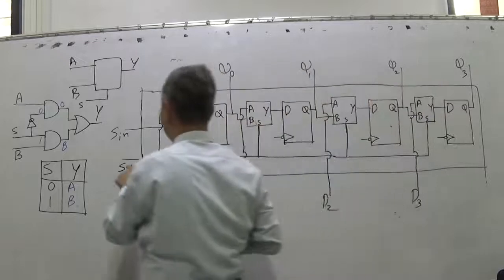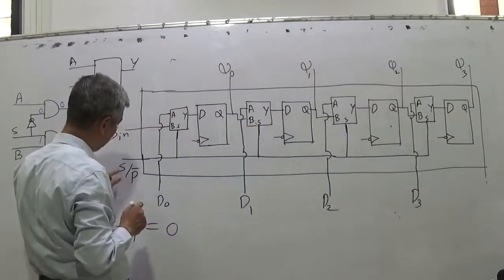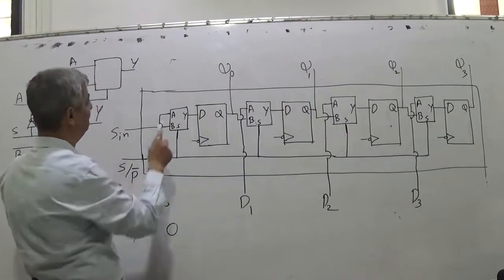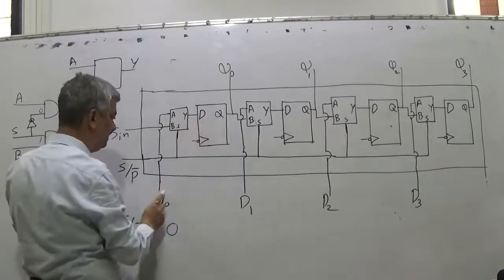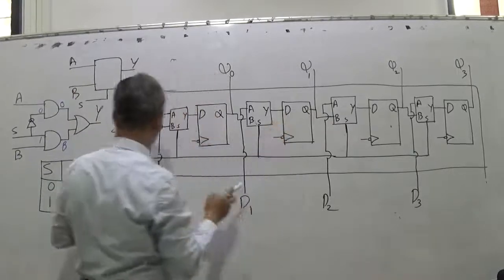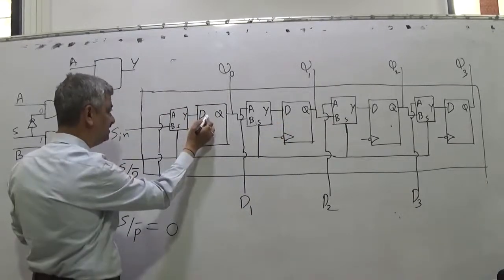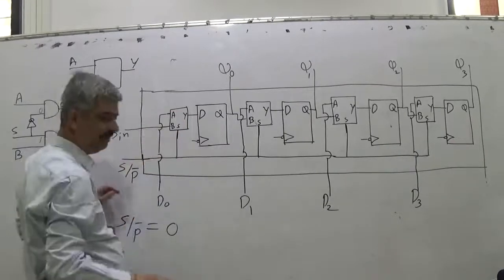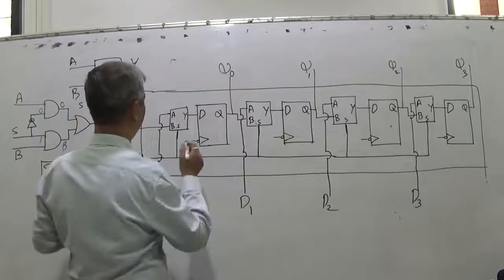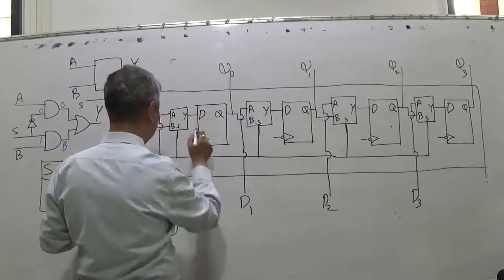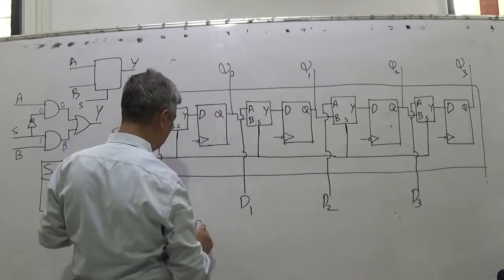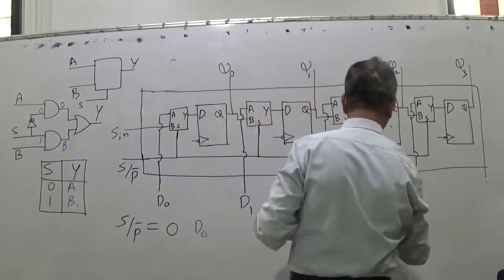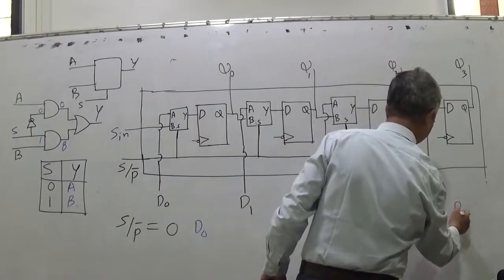So when S/P bar is 0, this A is D0, this D will be D0, this D will be D1, this D will be D2, and this D will be D3.